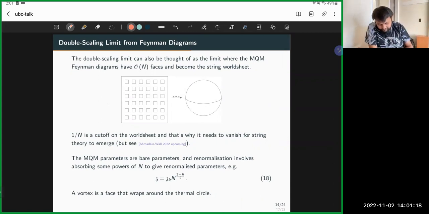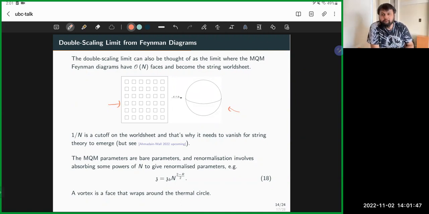So this Feynman diagram becomes a string worldsheet in the double scaling limit. So 1 by n is really a cutoff on the worldsheet, and that's why it appeared as a cutoff in the Kazakov and Tseytlin result. They had some lambda, it becomes n, and it needs to vanish for string theory to emerge. Though this upcoming paper by Amar and Aaron will argue that you can keep 1 by n finite.